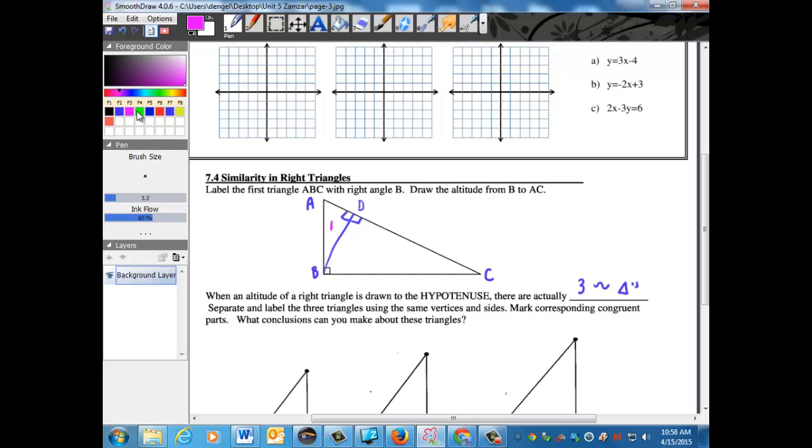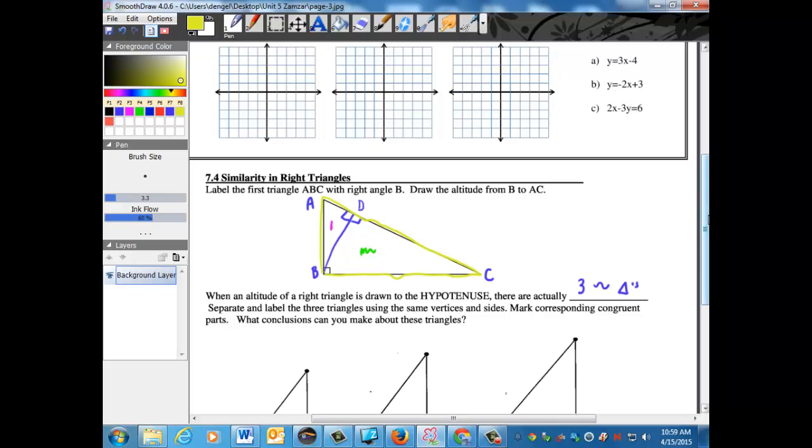Our medium-sized triangle is in green, and then let's go in yellow, the triangle on the outside, all the way around, all the way down to here, and then all the way back. There's our large right triangle. So not only are there three triangles, 1, 2, and 3, but they're all going to be similar triangles.